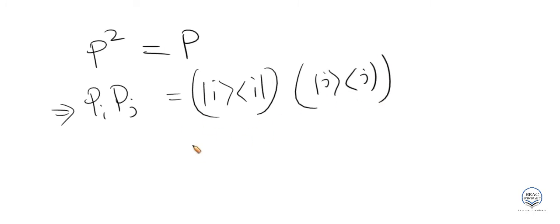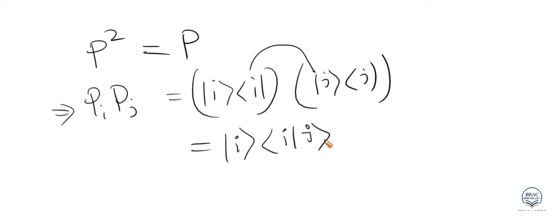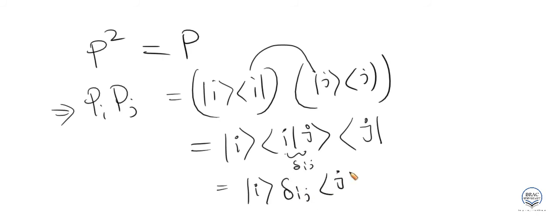Since these are orthonormal basis vectors, you can use the bracket sandwiching, but here you have to be a bit careful. First you want to sandwich these two that are in between, that is ⟨i|j⟩. Now this is an inner product, so that's a number. You can move it around, and this number is nothing but delta ij, right? So this is |i⟩ delta ij ⟨j|.